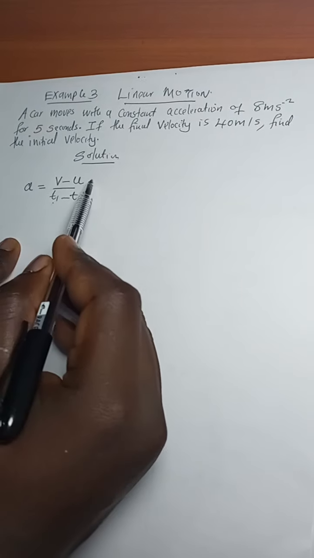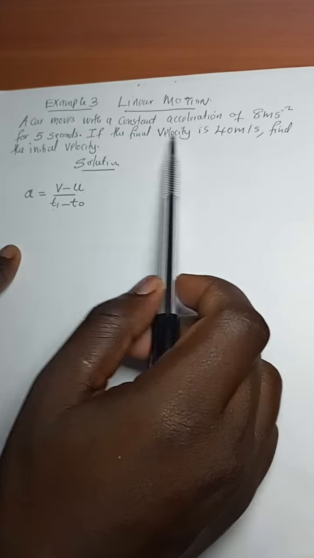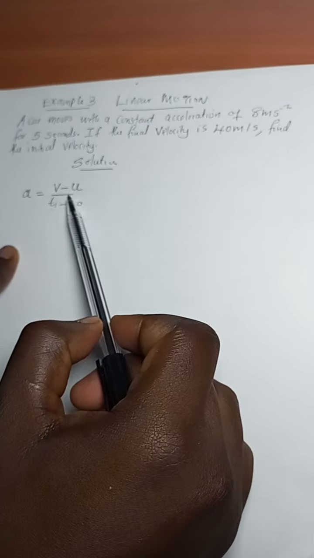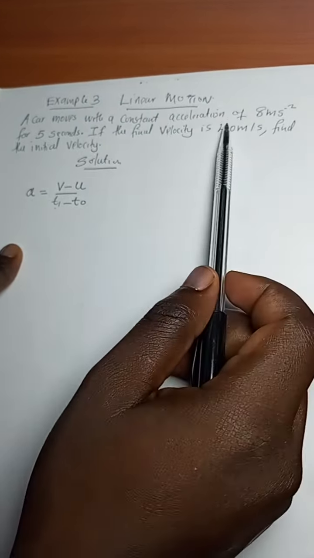So let us replace the values that we have in this formula, and for us to know what is needed, we are told that a car was moving at a constant acceleration.